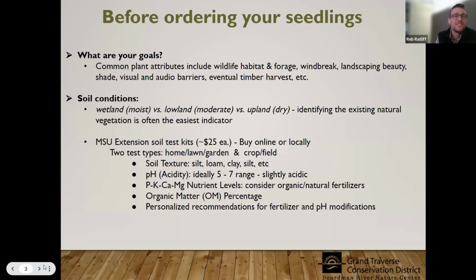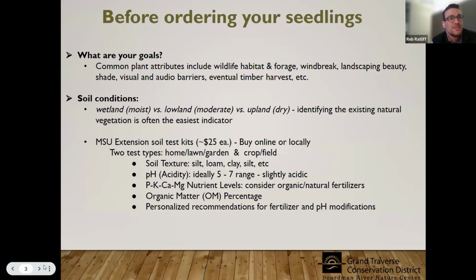Using the existing surrounding natural vegetation is often one of the best ways to know what might be suitable for your site. Mother Nature does know best. So if it is a site where there is some natural colonization, use those species as one of the tools in your toolkit to determine what might thrive well in your site.